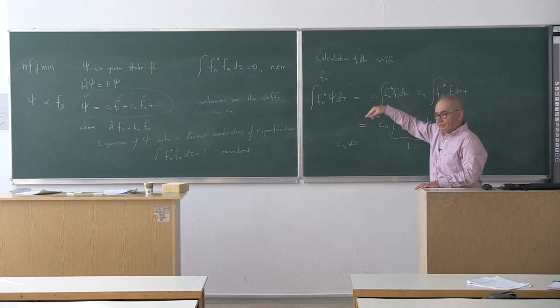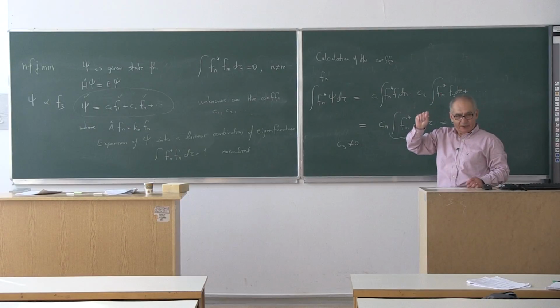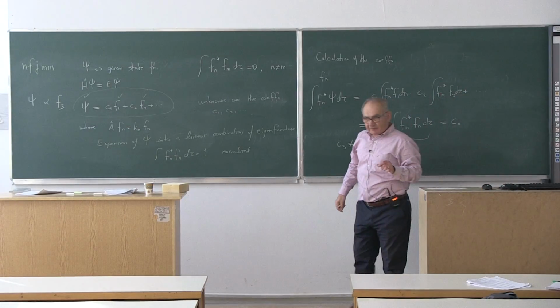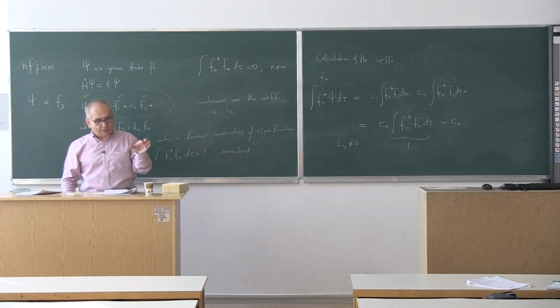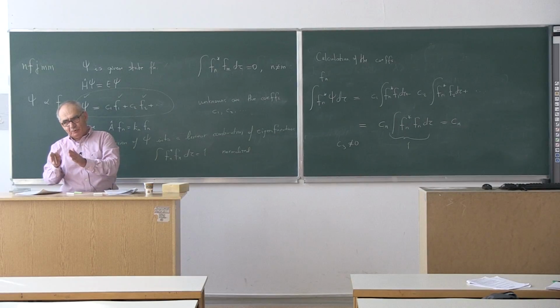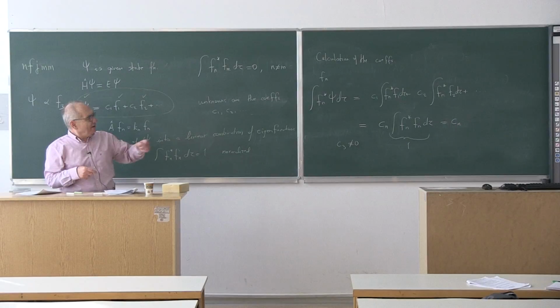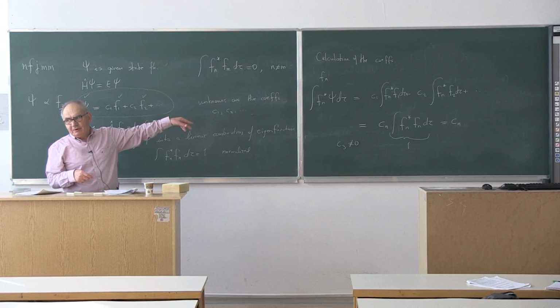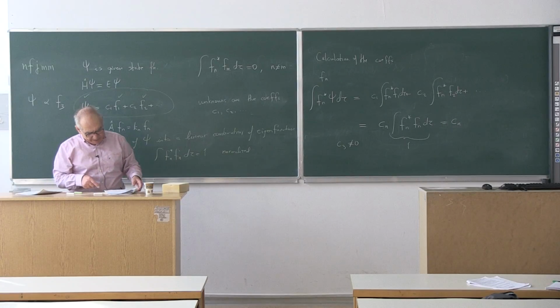All right? So in this case, just one coefficient will be different from 0. But for this to occur, the operator A must commute with the Hamiltonian. If A doesn't commute with the Hamiltonian, then all of the coefficients in general are going to be non-zero.